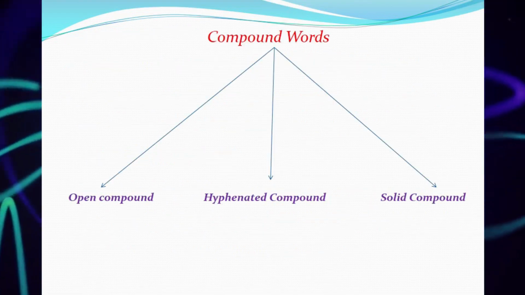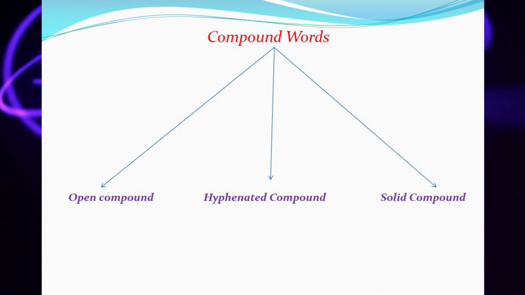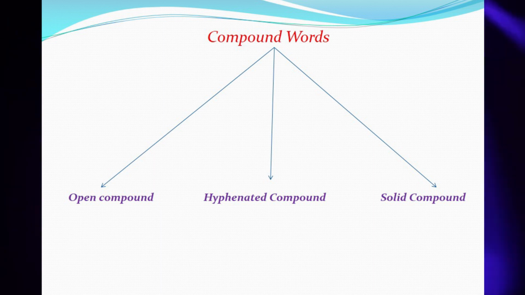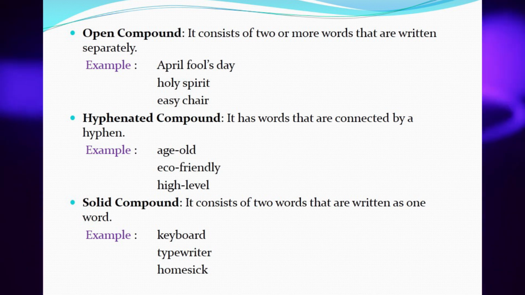There are three types of compound words: open compound, hyphenated compound, and solid compound. Open compound consists of two or more words that are written separately. For example, April Fool's Day, Holy Spirit, easy chair.